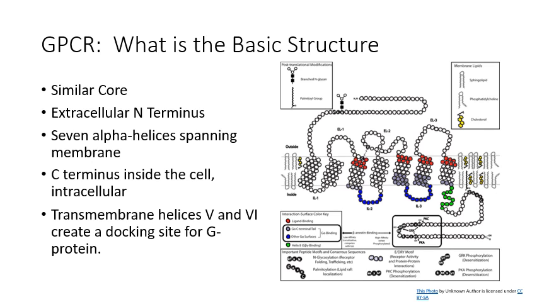And some of those pockets are deep, and some of them form near the surface, depending on the type of protein it is. They also have the transmembrane helices number 5 and number 6 can actually move outward, creating a cavity on the cytoplasmic side, and that's what serves as the docking site for the G proteins.